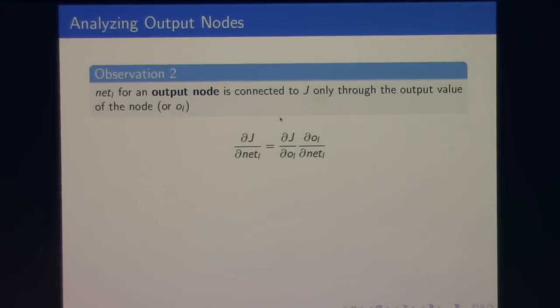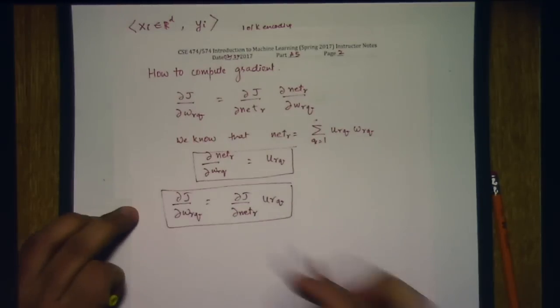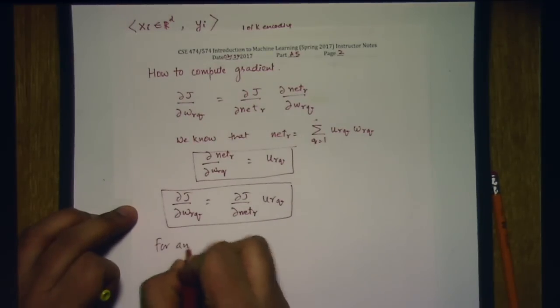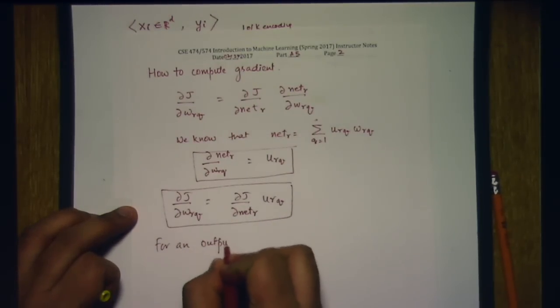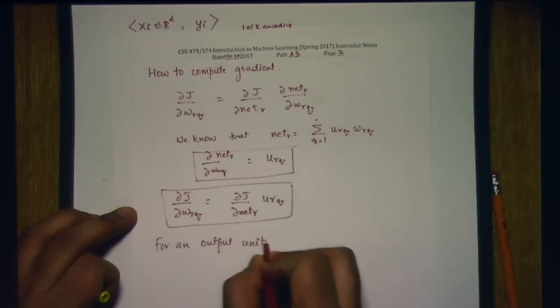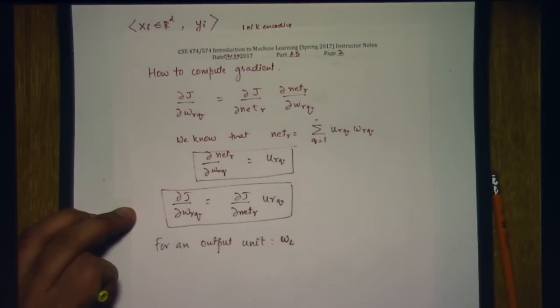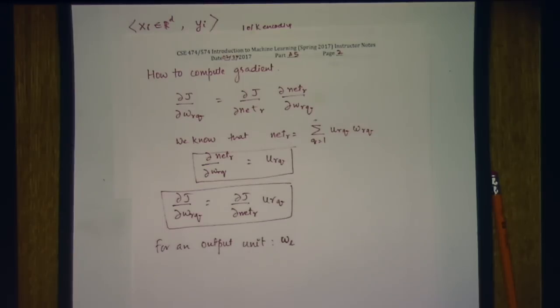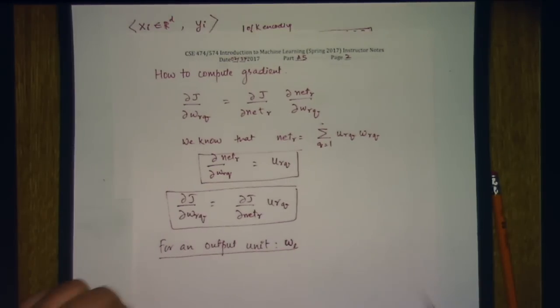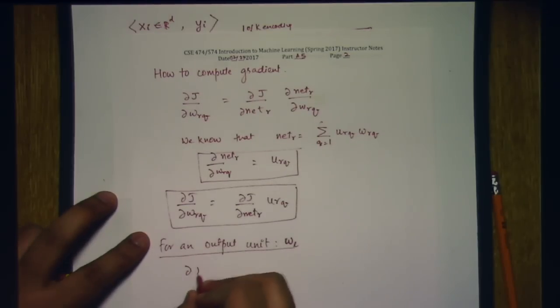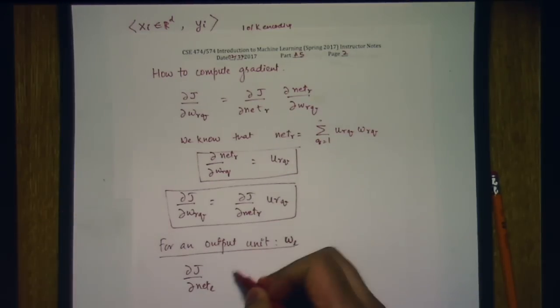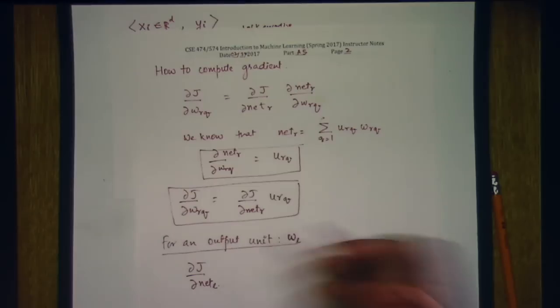So essentially, because of this observation, for an output unit, let's call its weight vector W of L, right? For an output unit in which the weight vector is W of L, dJ by d net of L. Now instead of R, I'm going to use L because L is for output units, right?